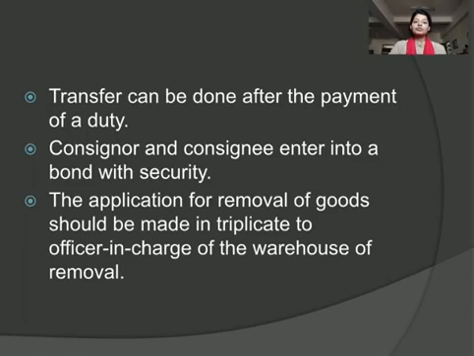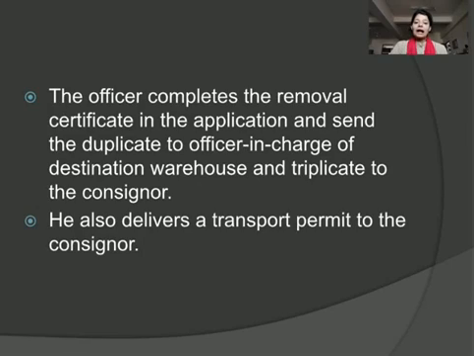The application for the removal of goods from a particular godown or store should be made in triplicate to the officer in charge of the warehouse from where the products have to be removed. Then after getting the application, the officer completes the removal certificate in the application and sends the duplicate to the officer in charge of the warehouse where the products are to be sent. The duplicate copy is sent to the consignor. He also delivers a transport permit to the consignor.